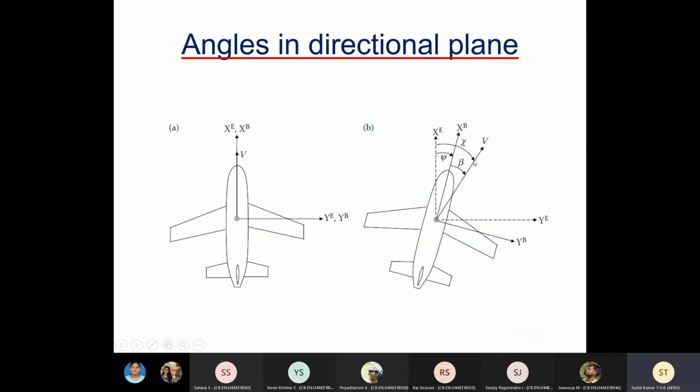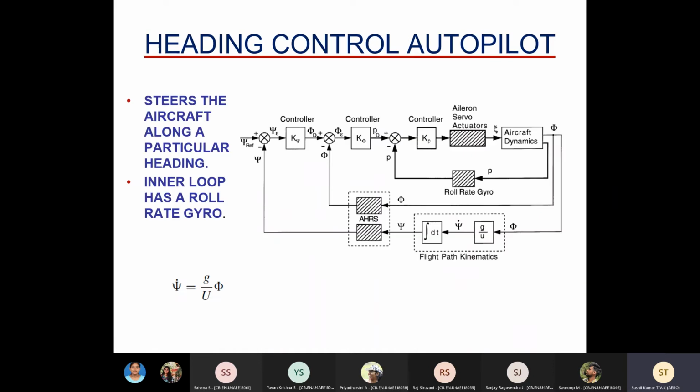And the total angle, psi plus beta, becomes the heading angle. Like what we saw in the longitudinal plane, in the directional plane also you have these three angles.